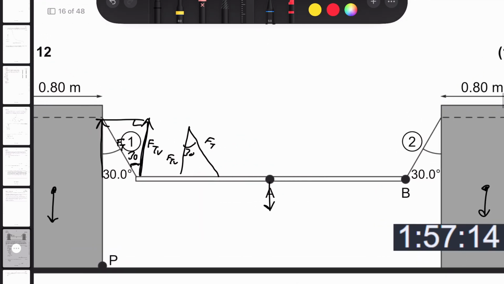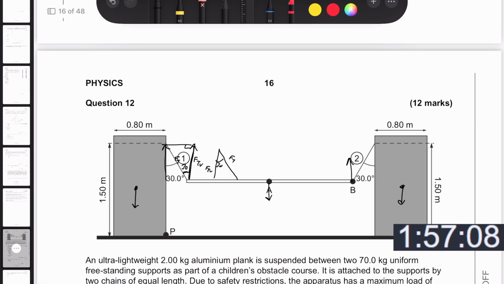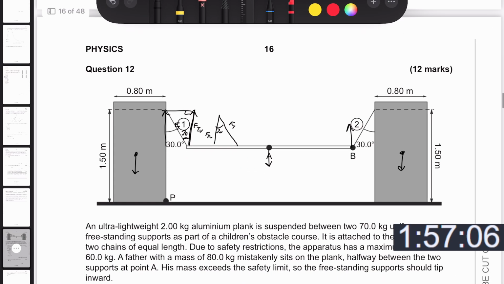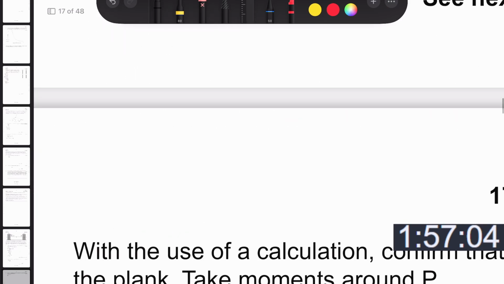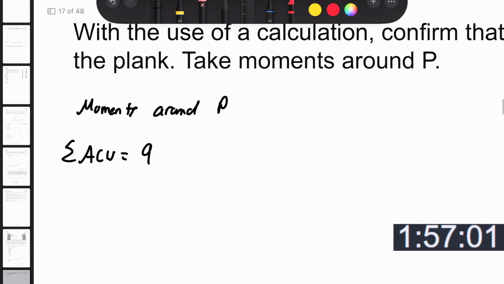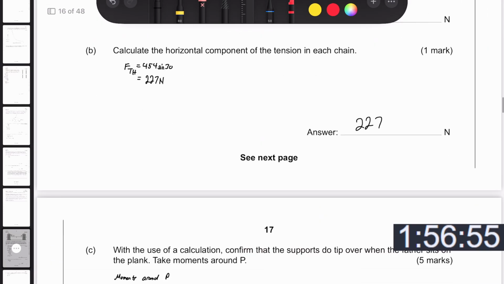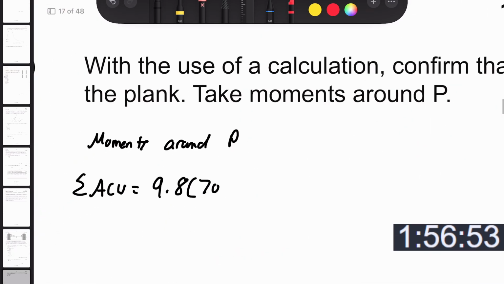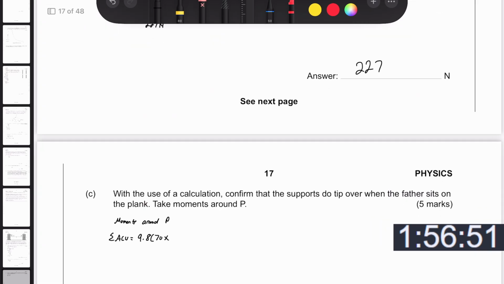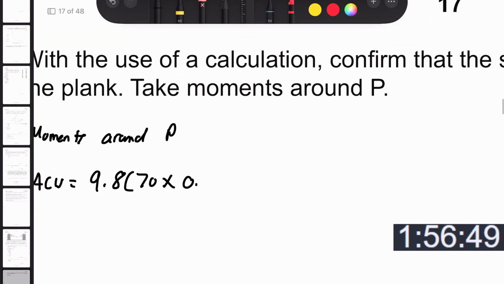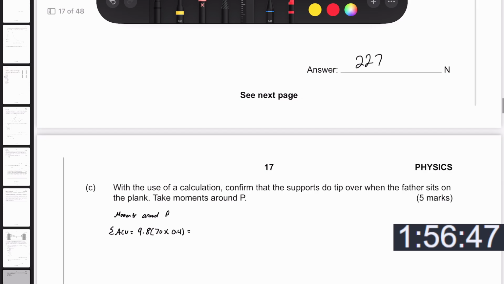Moments around P. So at B I'm going to have this upwards tension. So we have 9.8 times, and how heavy are the blocks? 70 kilograms. So 70 times, and it's 0.4 away, is equal.